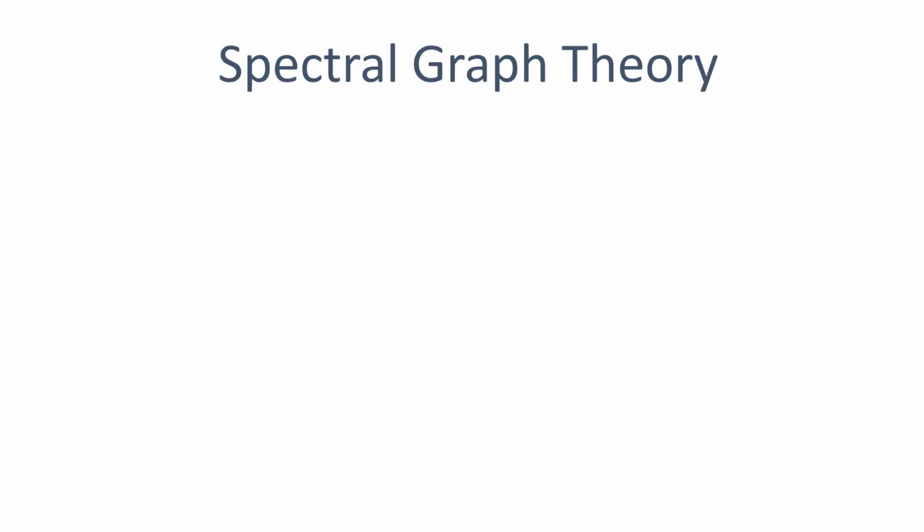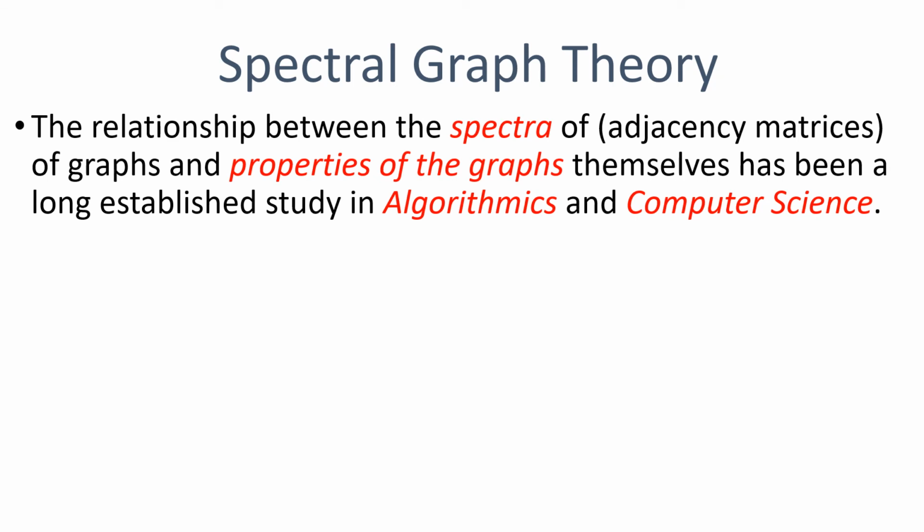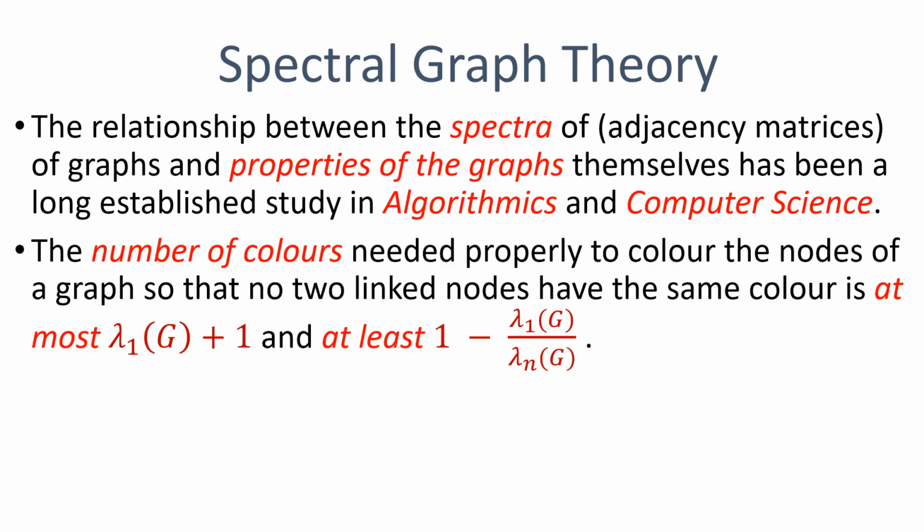There is a very old traditional area of computer science called spectral graph theory, which looks at the relation between matrix spectra and properties of the graphs themselves. So this is a very old study in the area of algorithms and in computer science. One very famous result from this area is, suppose we are trying to color the nodes of a graph in such a way that no two nodes which are joined by a link are given the same color.